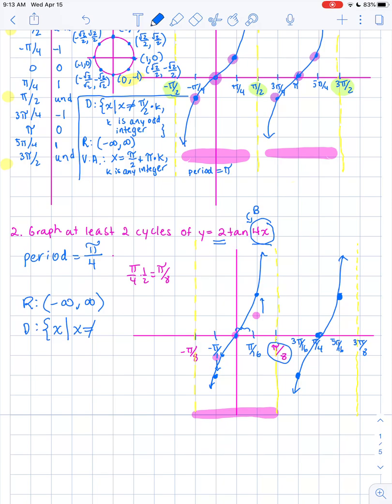The first vertical asymptote is 1 pi over 8, the next one is 3 pi over 8, the next one after that is 5 pi over 8. So we would say k times pi over 8, where the k value is an odd integer. So let's go ahead and define that k to be any odd integer. So k is any odd integer.